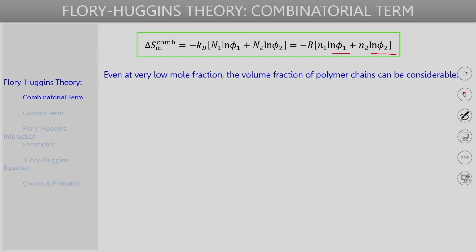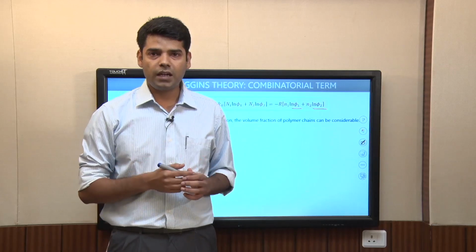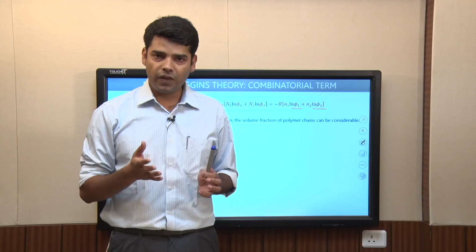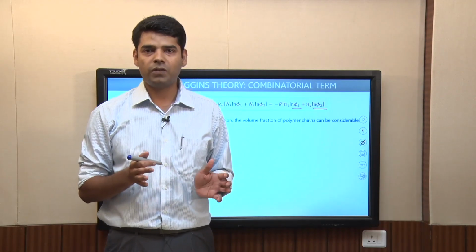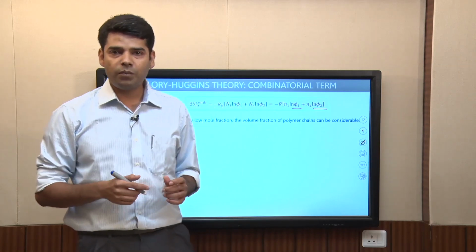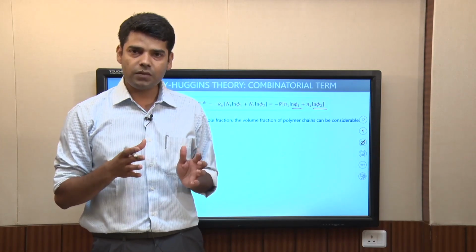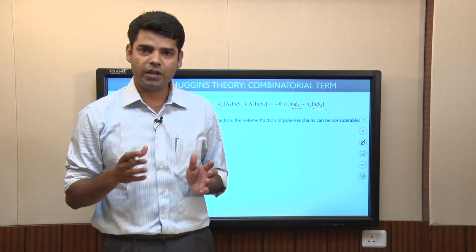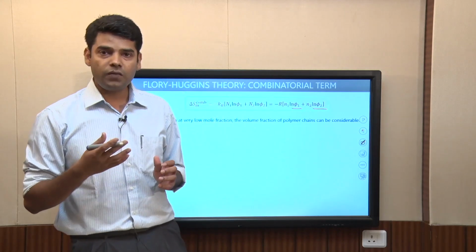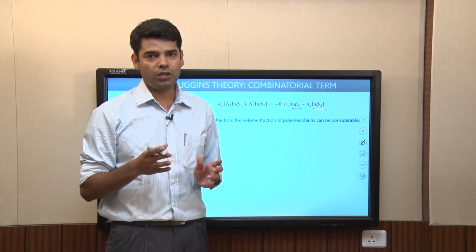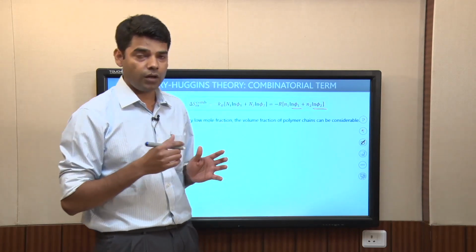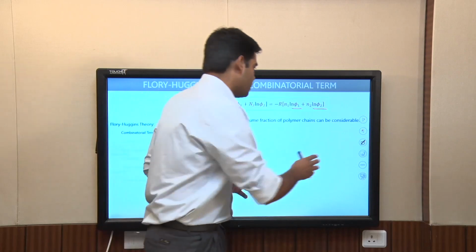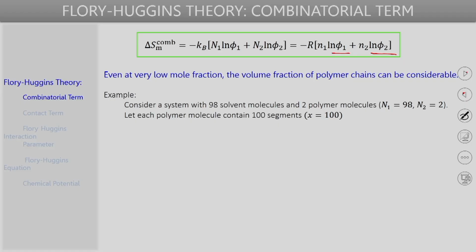One thing about polymer molecules as solute is that even if they are present in very low mole fractions, so even if the number of polymer molecules is small compared to the number of solvent molecules, because the size of a polymer molecule is very large compared to a solvent molecule, the volume fraction of the polymer in the solution will be significant, even though its mole fraction is small. So, let us consider an example here.